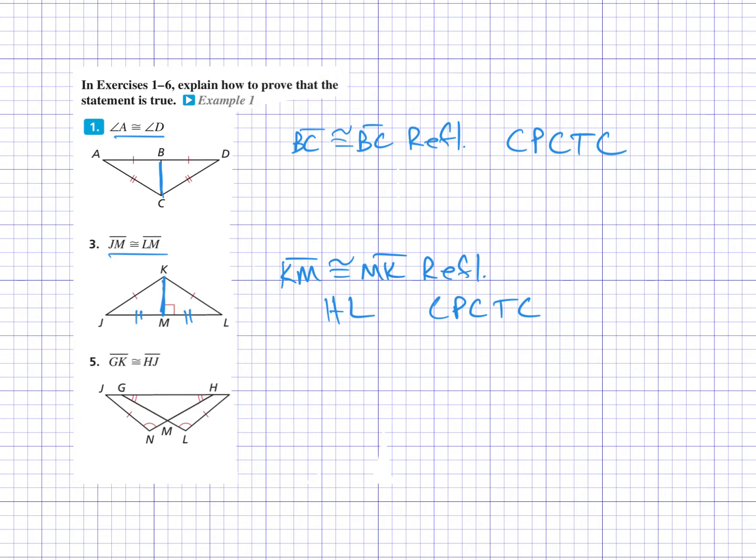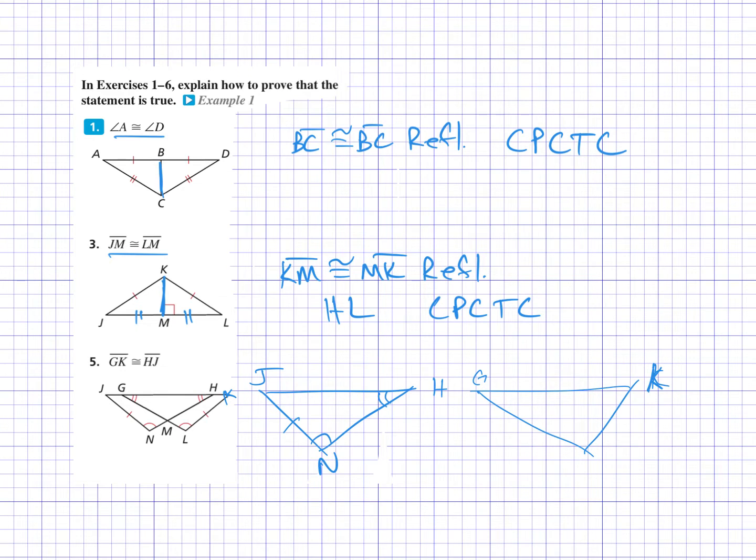Now, let's take a look at this triangle. This is JNH. Okay, I'm going to mark everything out here. And then we have G, and K is supposed to be right here at this corner.